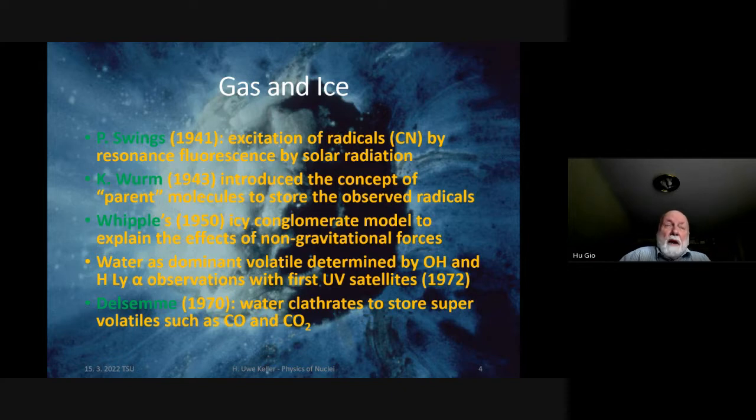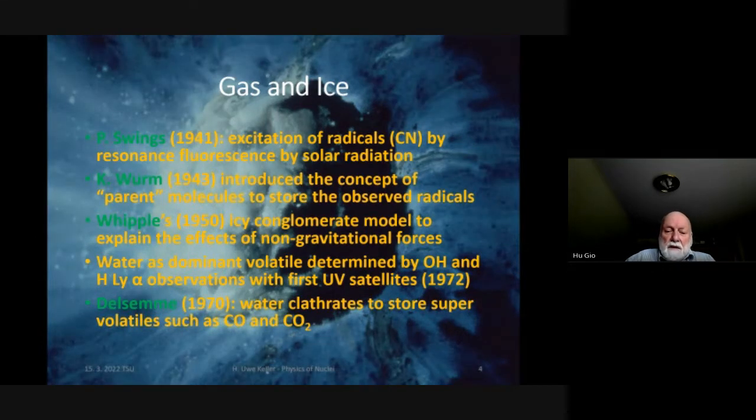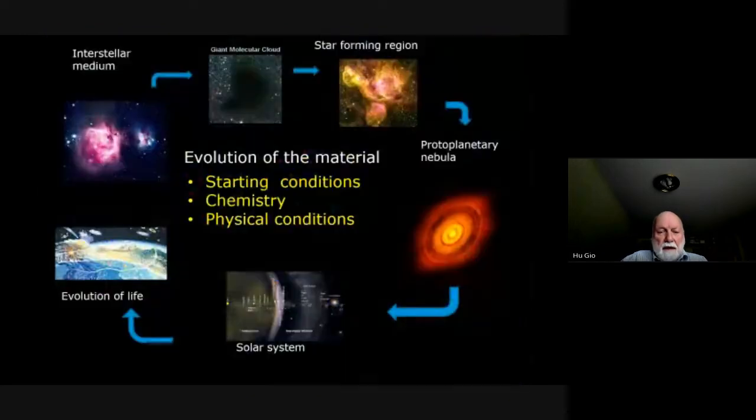CO is so much more volatile than water. Why doesn't it show up further away? And the idea was that those minor, more volatile species are trapped as clathrates of water, in the lattice of the water crystals, to explain this effect.